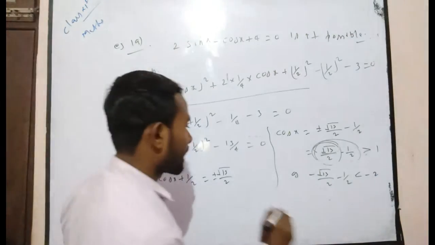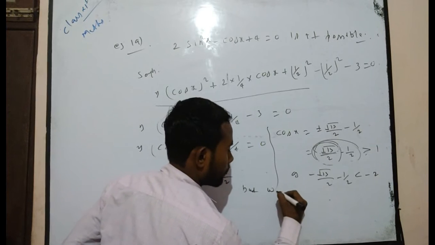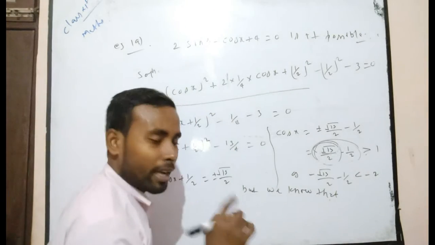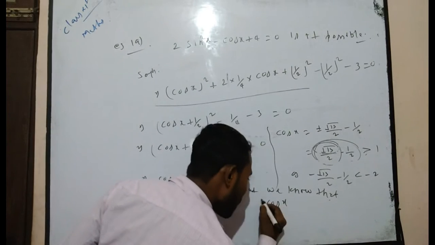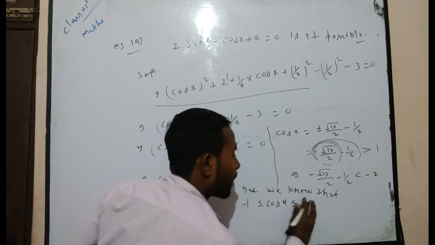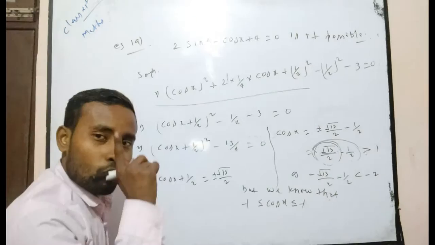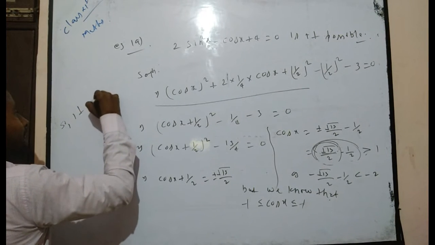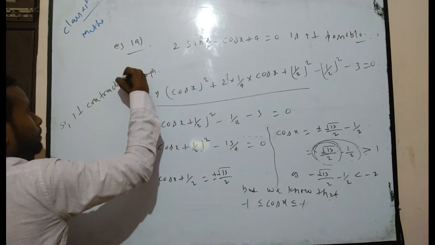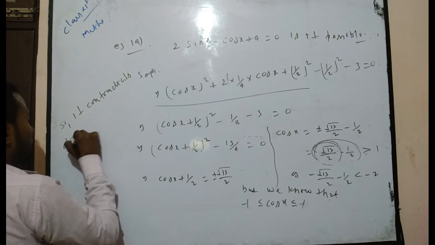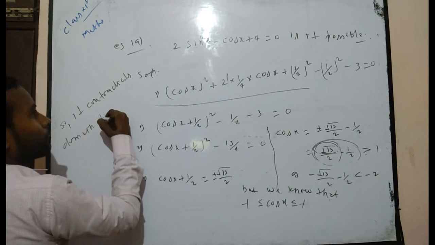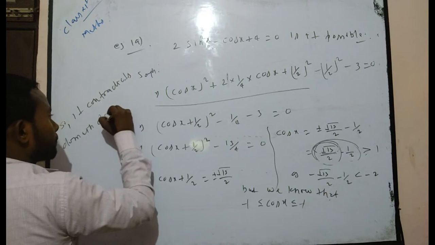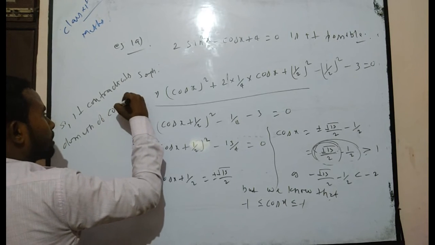As you know, we know that cos x always lies between minus 1 and 1. So it is not possible. So it contradicts the domain of cos x.